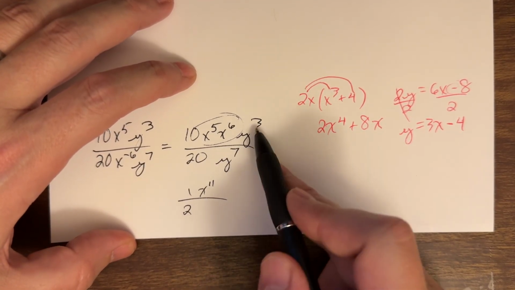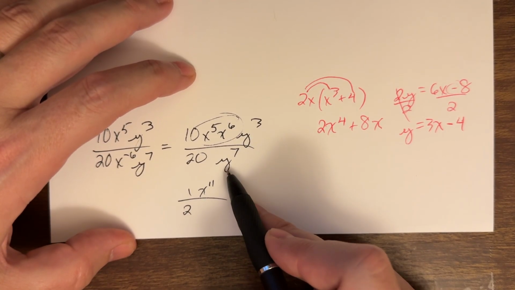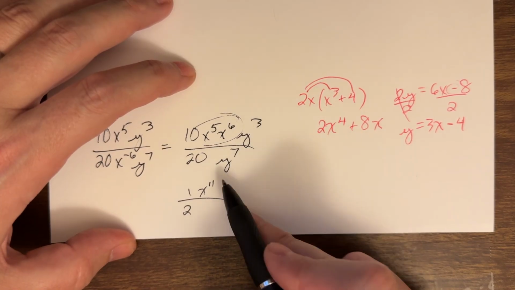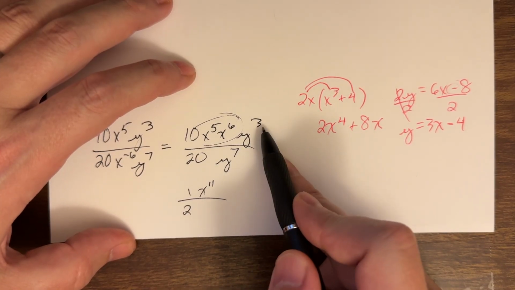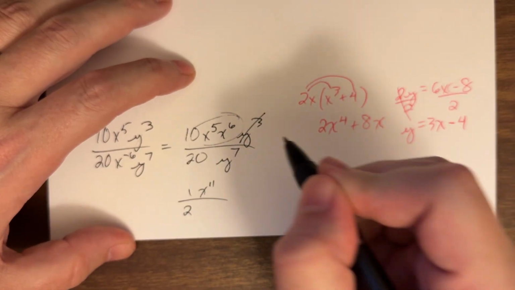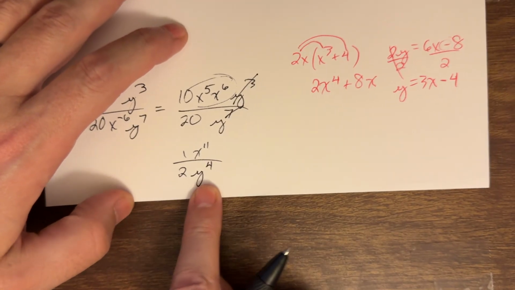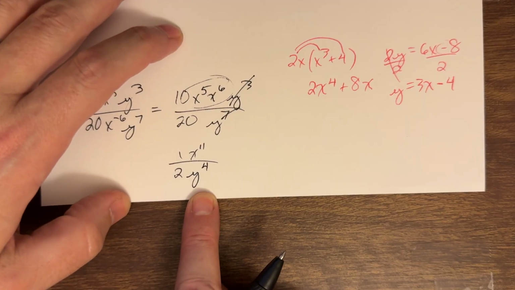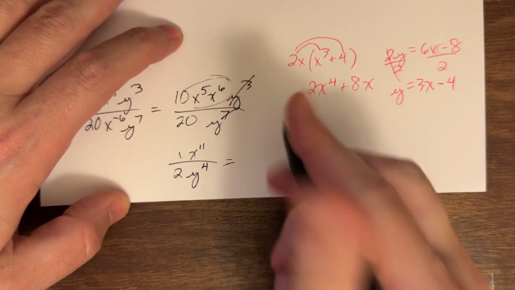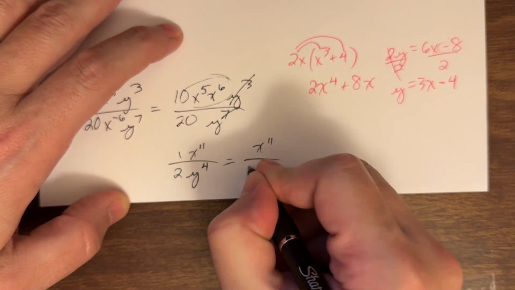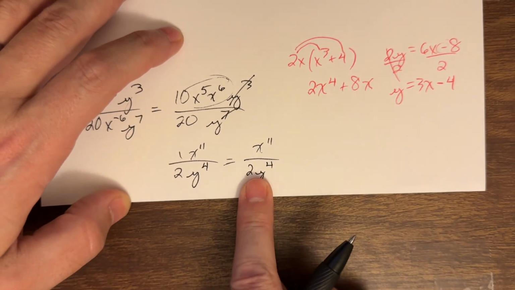And now my y's, concepts, I'm canceling. But now I've got more y's downstairs than upstairs, so I'm canceling 3 y's here. I'm canceling 3 y's here, but that still leaves me 4 y's in the denominator. Look at that answer. 1x to the 11 over 2y to the 4th.